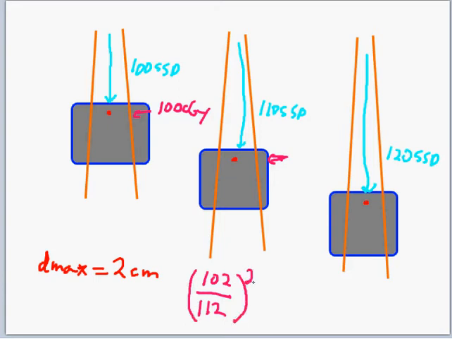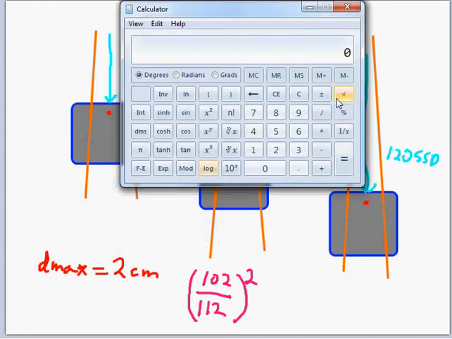And again, let's think about this for a second. What dose am I expecting here? I'm expecting it to be less than the dose I get up here. So I want this ratio to be less than 1, which it is. That's how we know we've set up the problem correctly. So let's see what we'd expect there. We've got 102 divided by 112. We square it, and we get 82.9.